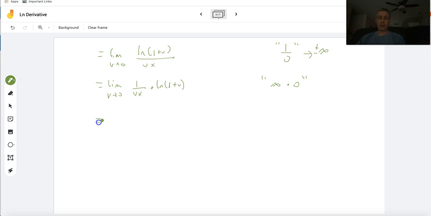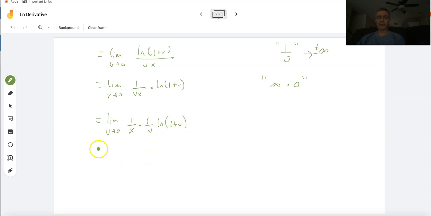So knowing where this is going and just applying rules of algebra, I claim we can split this fraction up into two fractions, 1 over x times 1 over v, and we'll still have this natural log of 1 plus v being multiplied to all this.